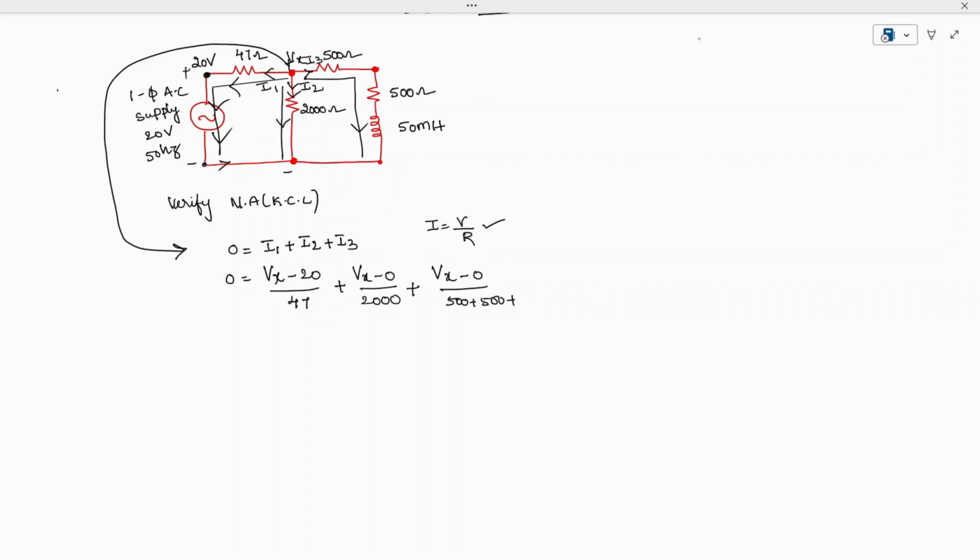plus, and this also I want to express in terms of ohms. This can be written as plus jXL ohms. XL is nothing but omega L ohms. What is the value of omega? 2 pi f. f is 50 as per the given problem, so 2 pi into 50 into L. L is 50 millihenry.